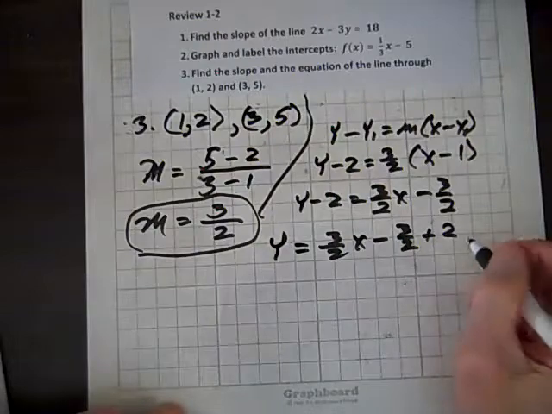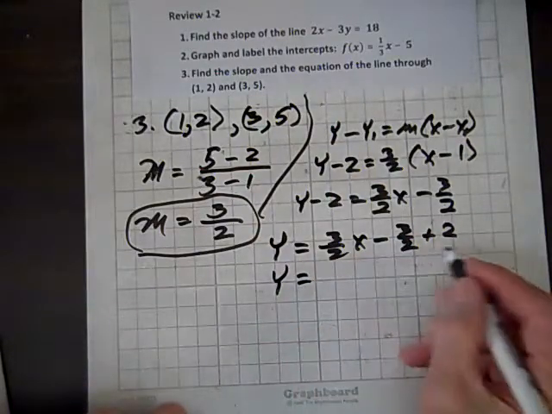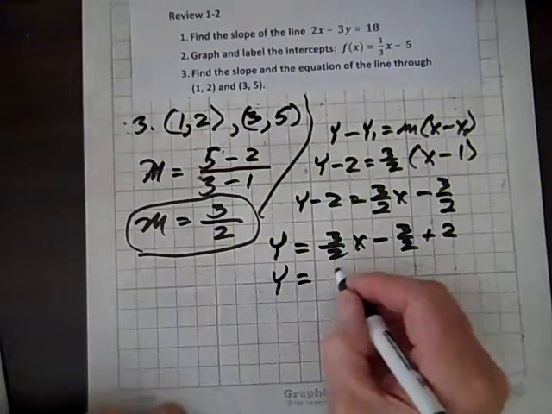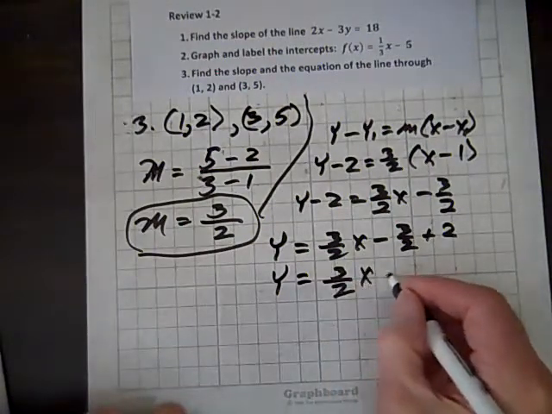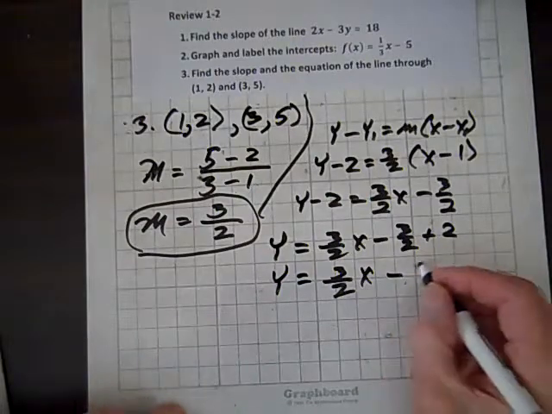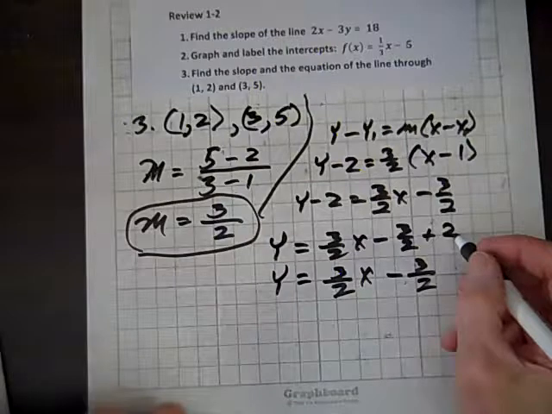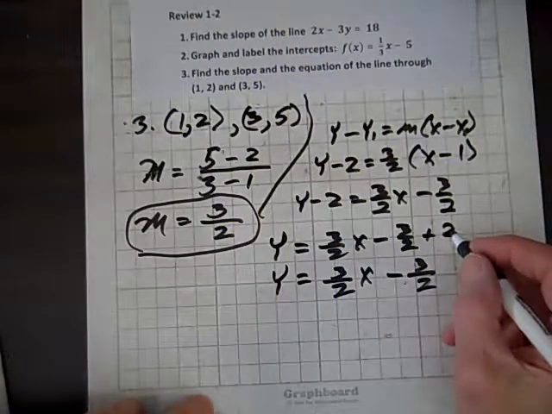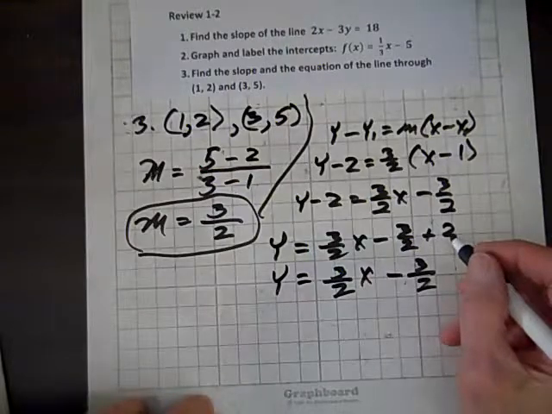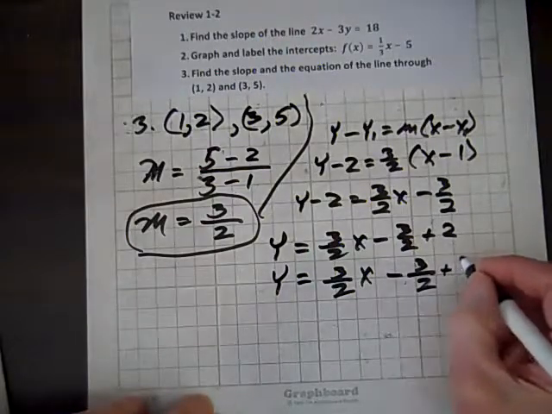And by the way, the common denominator, when we add these two up, is going to be 2. So we have minus 3 over 2. And if we had 2 pieces of pie and we cut each piece of pie into 2 pieces, how many pieces would we have? 4.